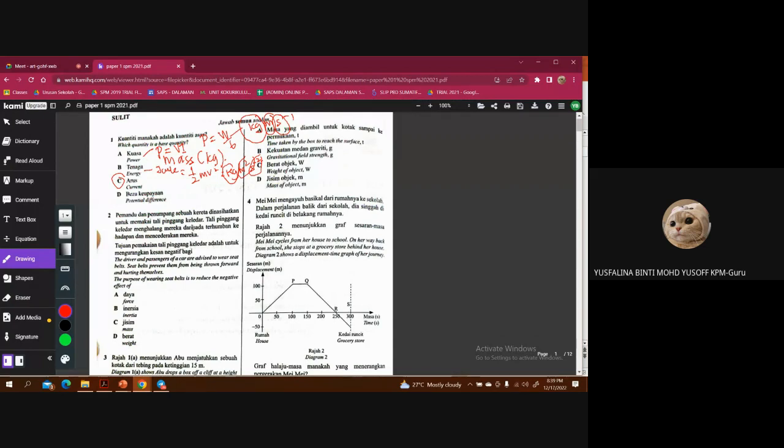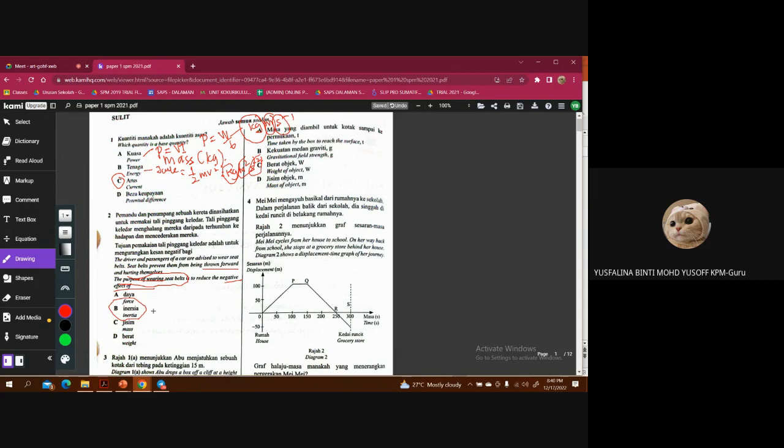It says the driver and the passenger of the car are advised to wear seat belts, so the seat belts prevent them from being thrown forward and hurting themselves. So the purpose of wearing a seat belt is to reduce the negative effect of inertia. What does it mean by inertia? You need to remember that.